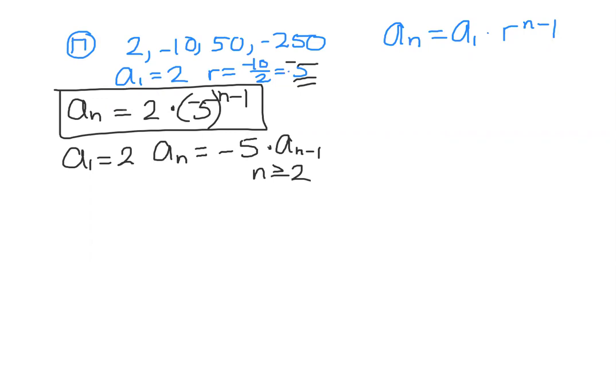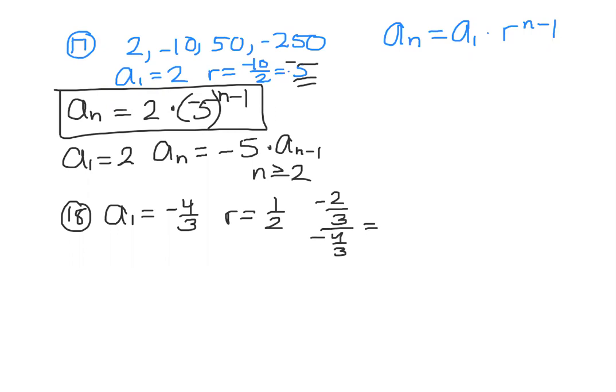So for number 18, we have a1 equals negative 4/3, r equals a half. Okay, because it's negative 2/3 divided by negative 4/3, which is 2/4, which is 1/2.